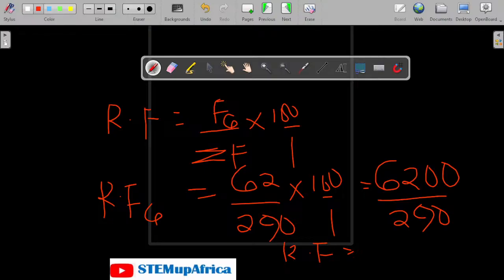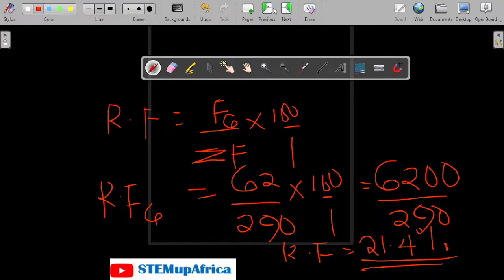That will give us 21.4%. That is now the relative frequency. That is how to calculate the frequency they ask for over the total times 100 over 1. That's how you determine relative frequency.